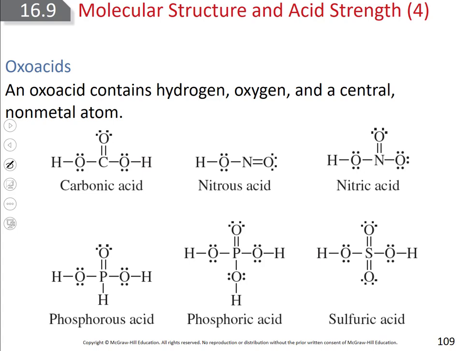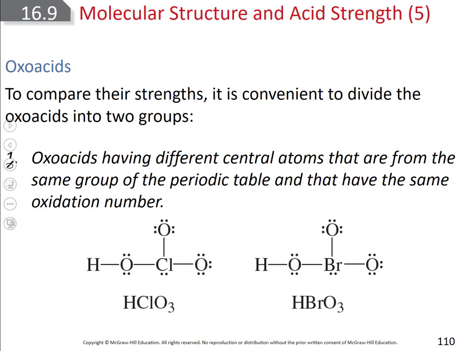So comparing their strength, we're going to further divide these based on the central atom, here we've got carbon, nitrogen, phosphorus, etc. First of all, we're going to have ones where the central atom is in the same family.